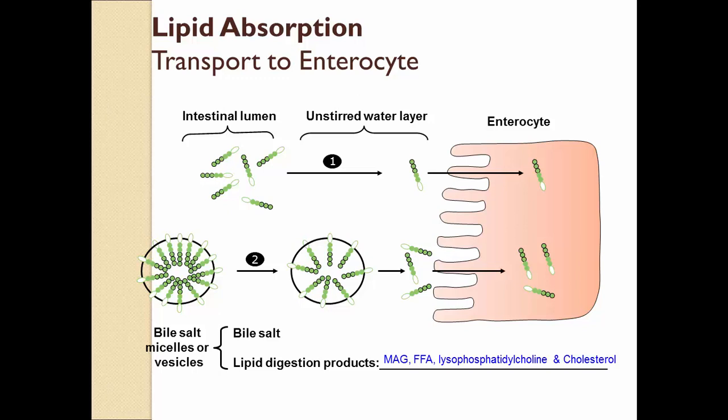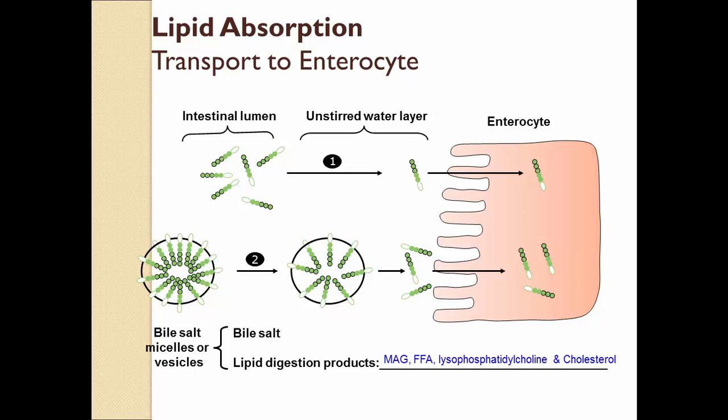So bile acid is very important; together with the lipids, it forms so-called micelles or vesicles, right? And this structure can significantly increase the efficient absorption of lipids into the enterocyte. The lipid molecules usually have a hydrophobic and a hydrophilic portion, right?